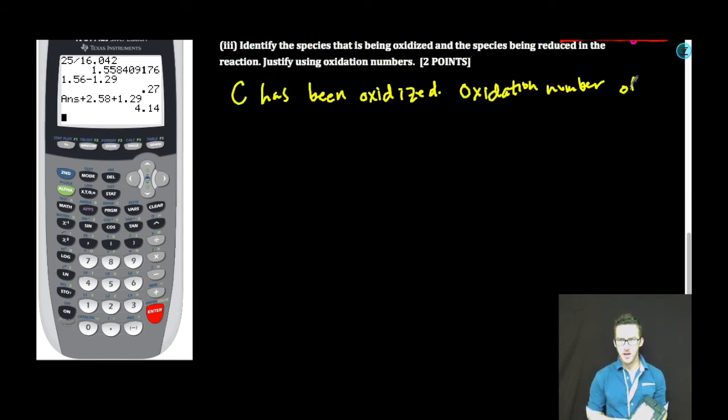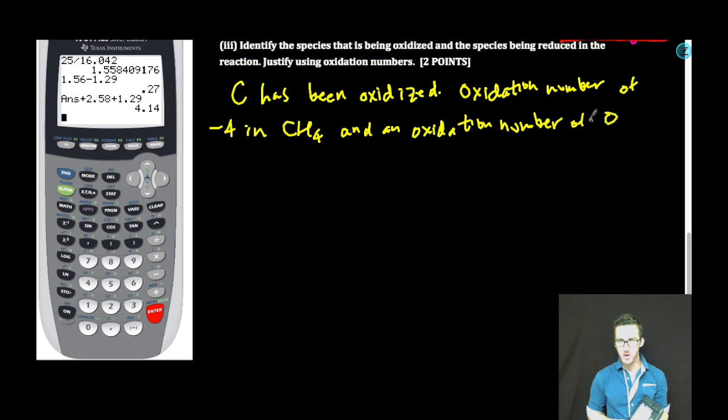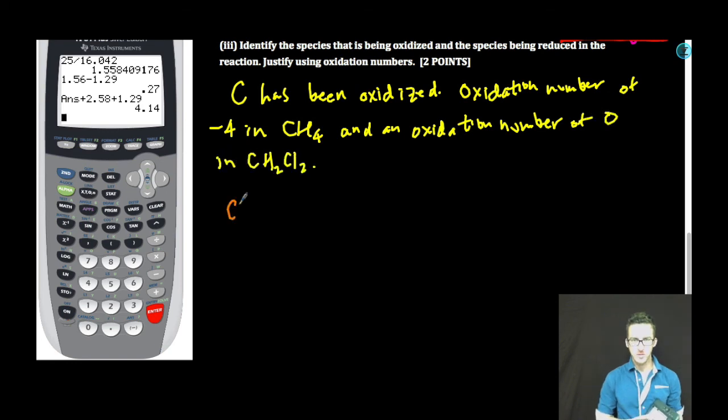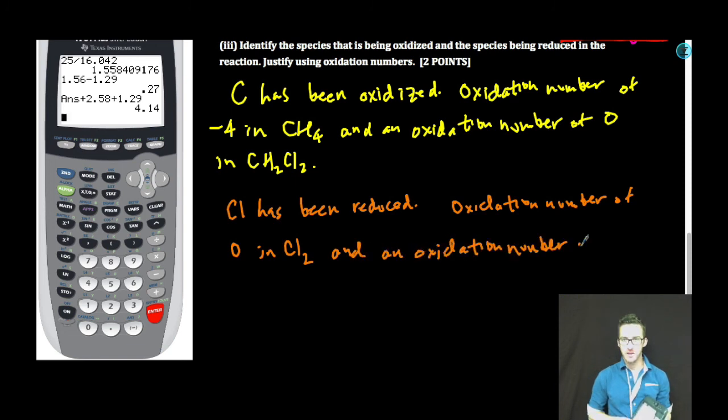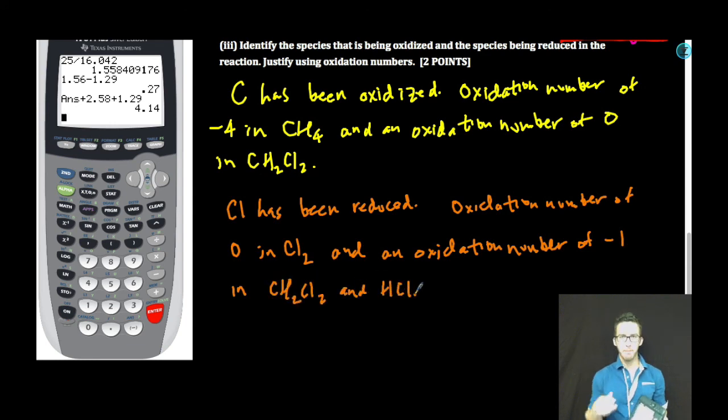Oxidation number of -4 in methane and an oxidation number of 0 in dichloromethane. Chlorine has been reduced. Oxidation number of 0 in Cl2 and an oxidation number of -1 in dichloromethane and hydrogen chloride. Boom! Done.